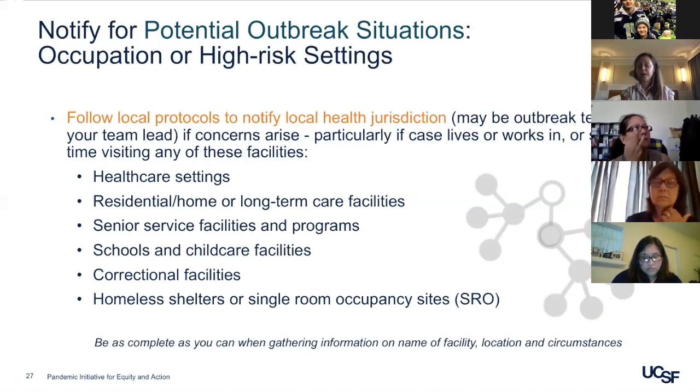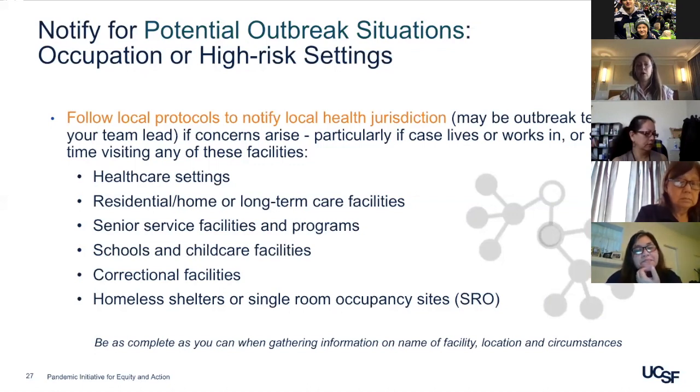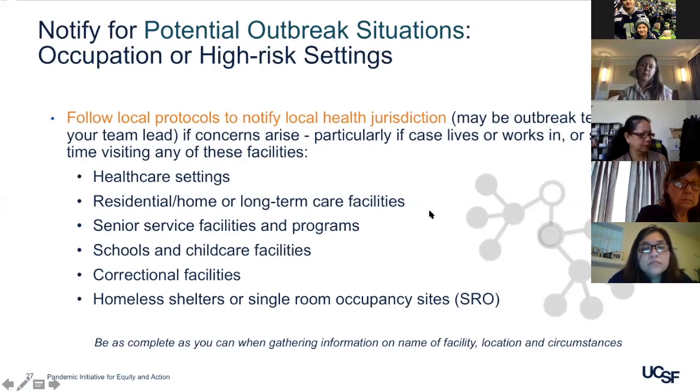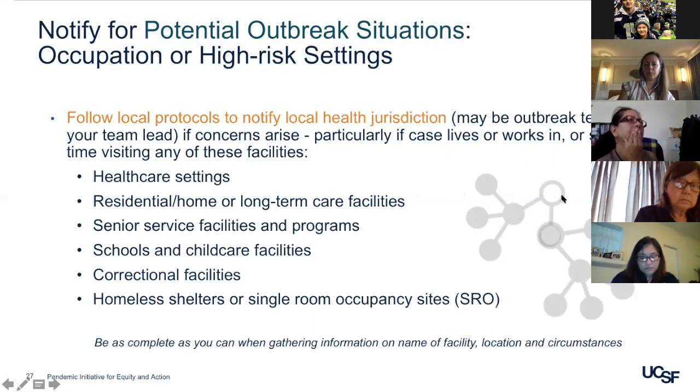If someone informed you that during that infectious period, they were working at a senior care facility, or working in their child's classroom, or went to a really big party or event, then this is something that the health department would want to be aware of. People might not know all of the close contacts that were in those settings, but we want to make sure that that is alerted to the appropriate teams to break that transmission chain by alerting everyone that was there.